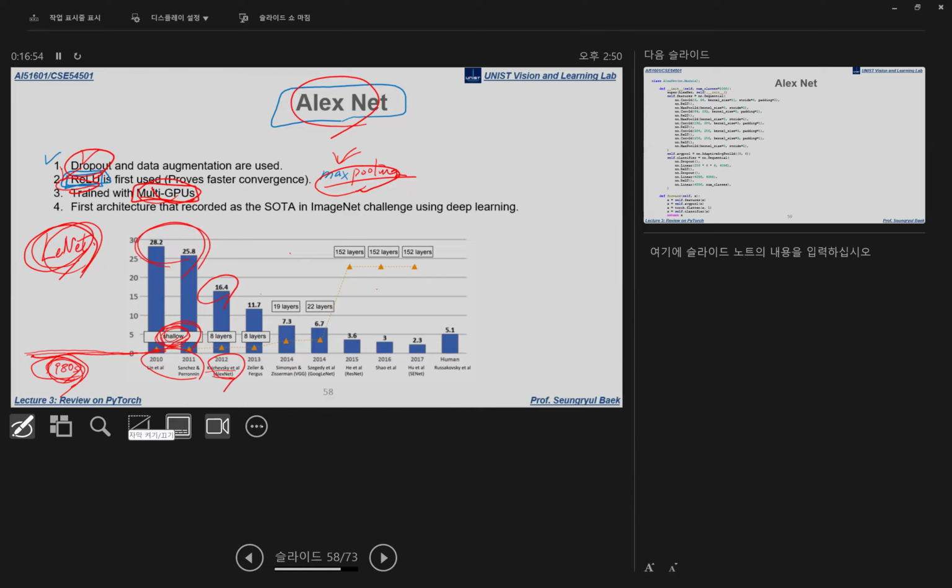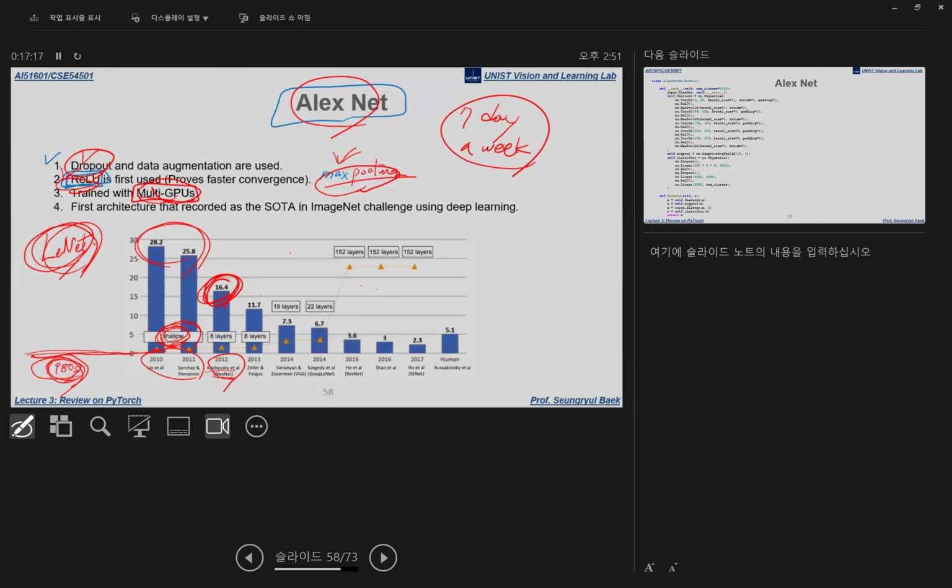Here he first used two GPUs when training this AlexNet for the ImageNet dataset, which is the largest-scale image classification dataset. And it actually took 7 days to get this performance.